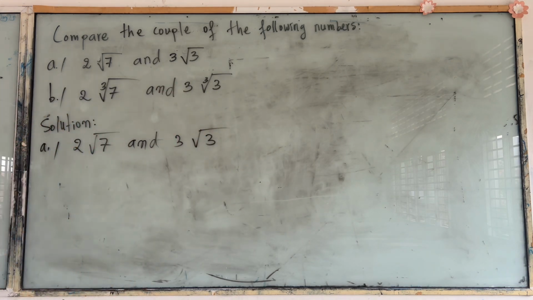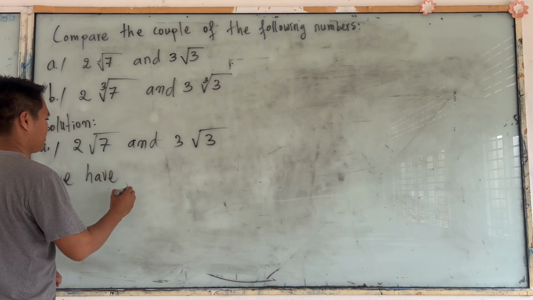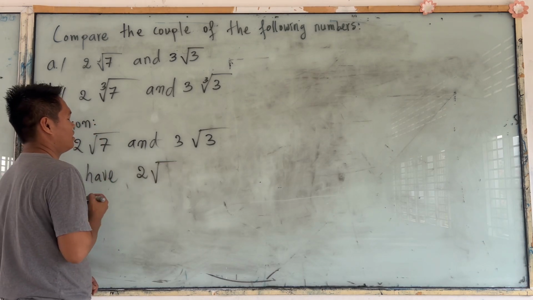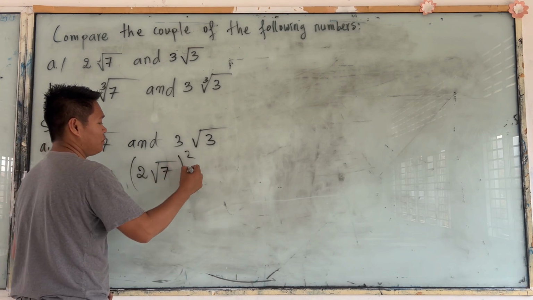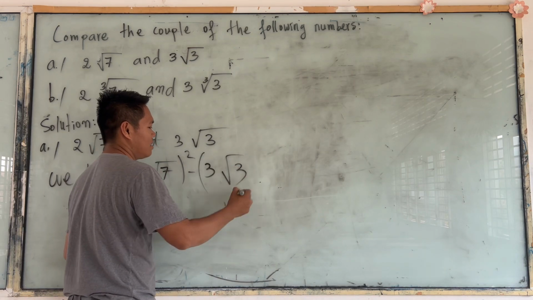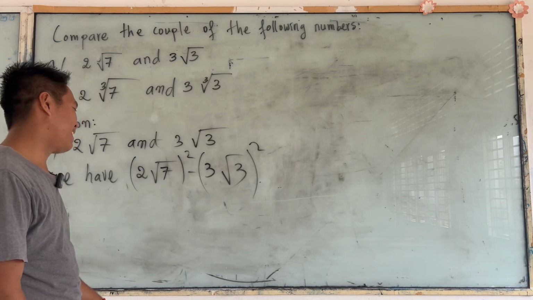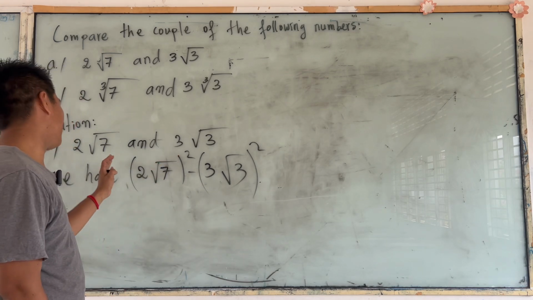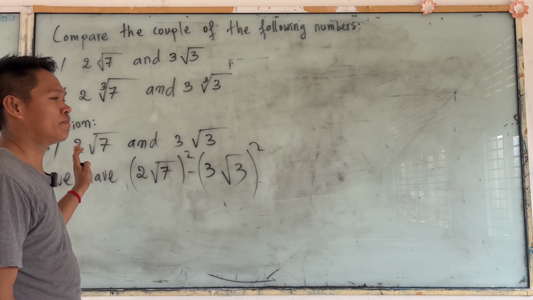The trick is that, first, we have (2 multiplied by square root of 7) power 2 minus (3 multiplied by square root of 3) power 2. I have to compute the subtraction of these two numbers, and I will use it to show which one among these two numbers is smaller or bigger, right?